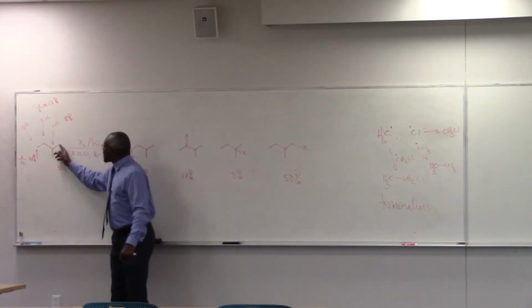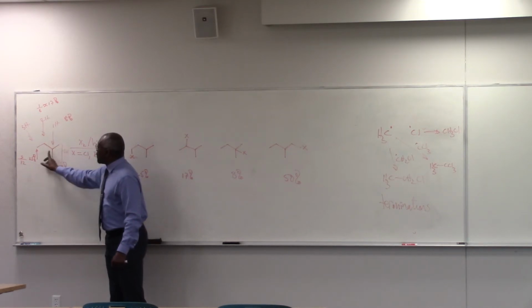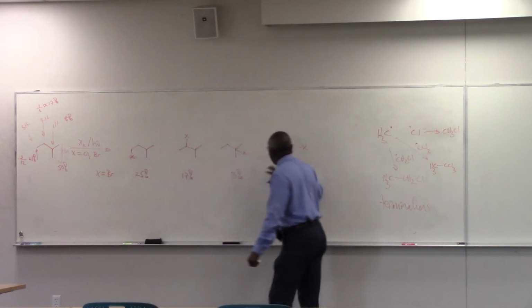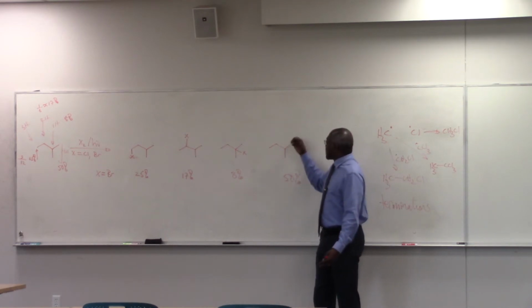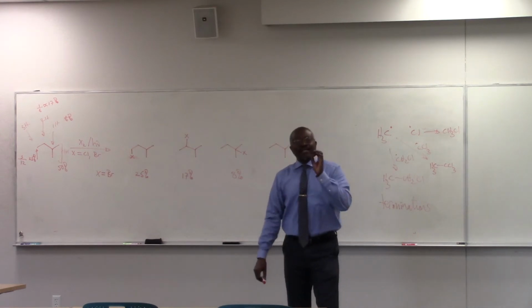But there are 6 times as many of these as I have that one. So I'd expect the yield of the product from here to be 6 times the yield of the product from there. And that's what I see. That's roughly 6 times 8, which is about 48. So roughly I'd expect to see 6 times as much of this one as that. So bromine reacts statistically.